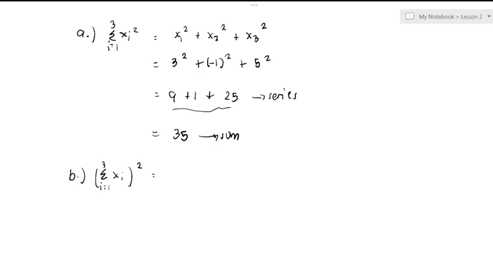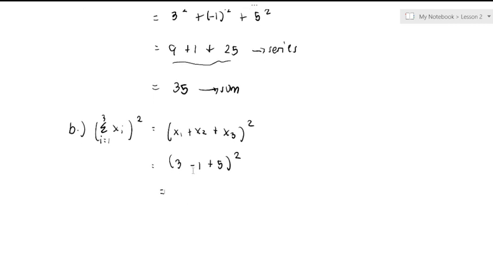Okay. So, this is simply equal to x sub 1 plus x sub 2 plus x sub 3 quantity squared. So, this is 3 minus 1 plus 5 squared. Okay, so this is 3 minus 1 is 2 plus 5, 7 squared, 49. So, ito yung ating sum.